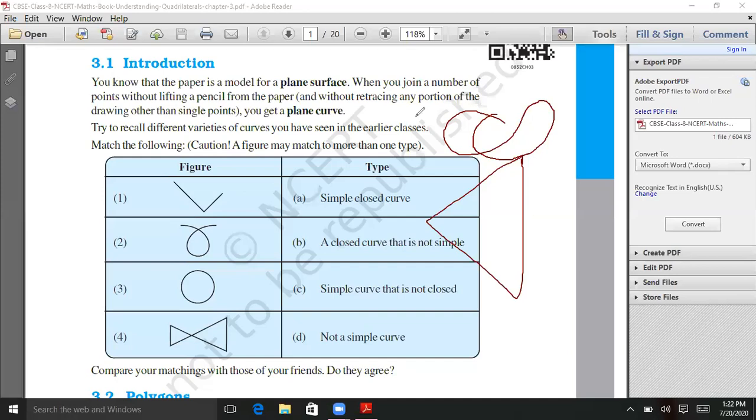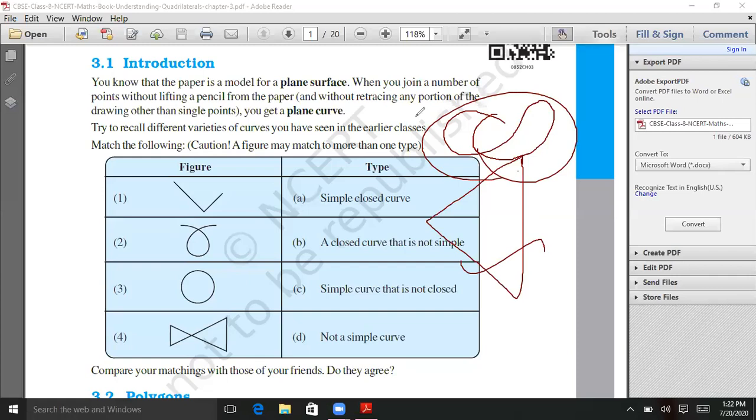Here, this is the example of simple and this is the example of not simple. The first one is not closed but simple. Yes, see, a simple curve that is not closed. The second one is not simple, right?